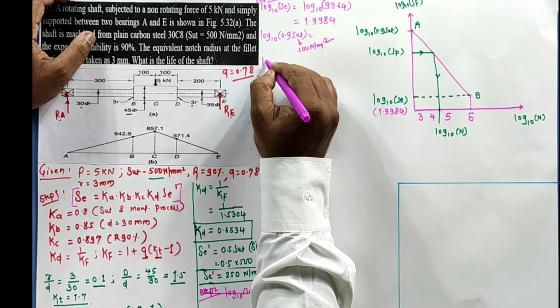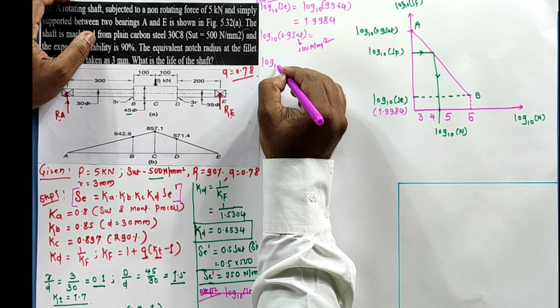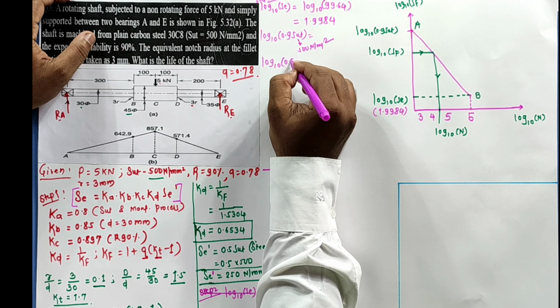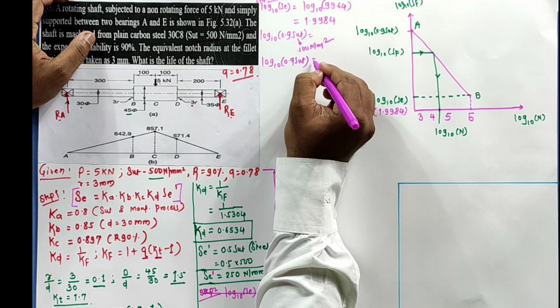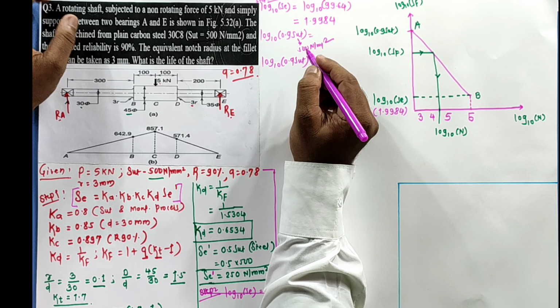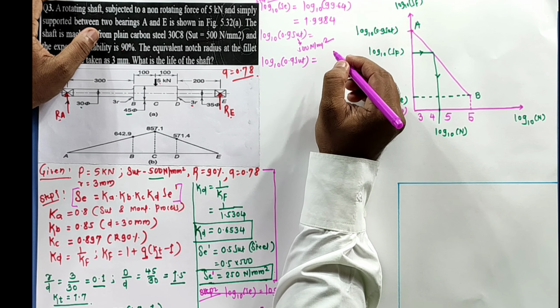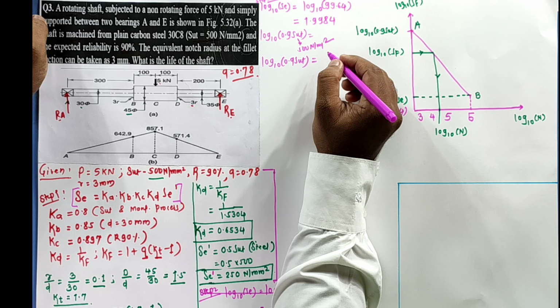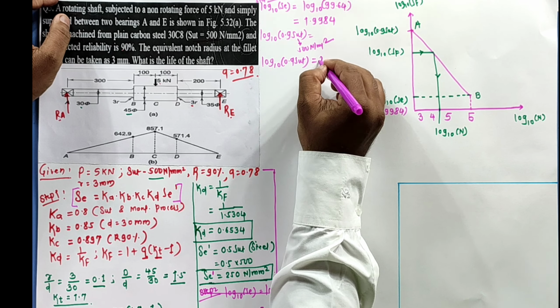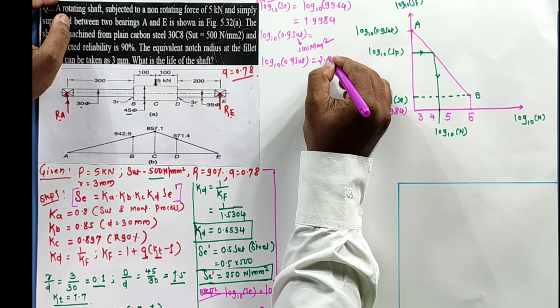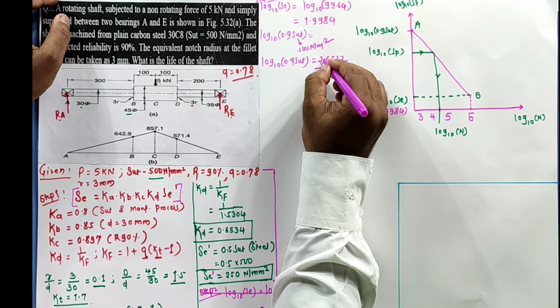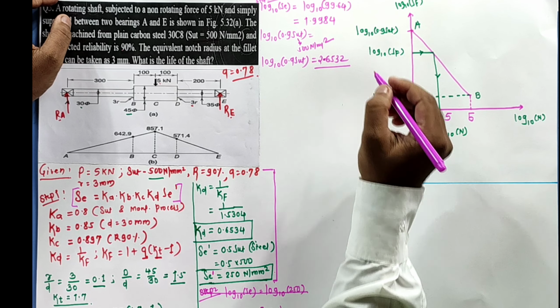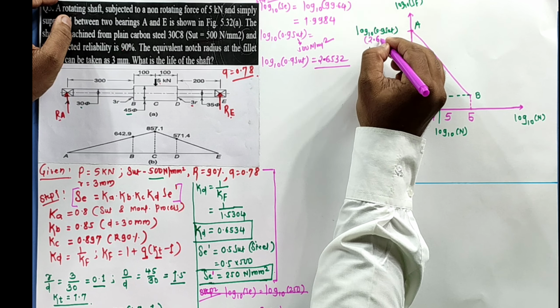So by putting this, log of base 10 of SUT is equal to 2.6532.